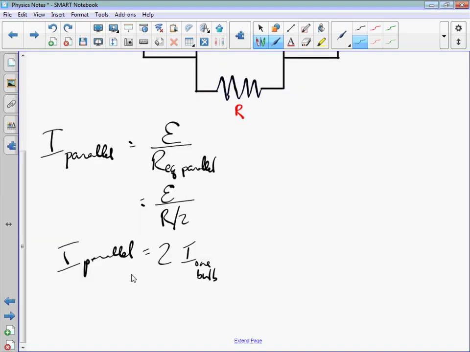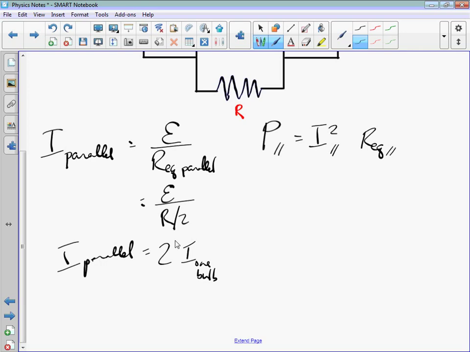Power, last one, comparing our power in parallel to our power for a one bulb circuit. So power in parallel is equal to I squared in parallel times equivalent resistance in parallel.